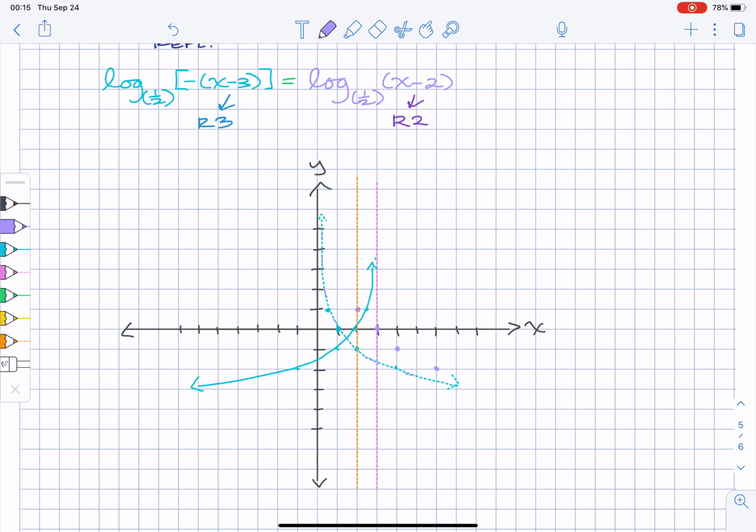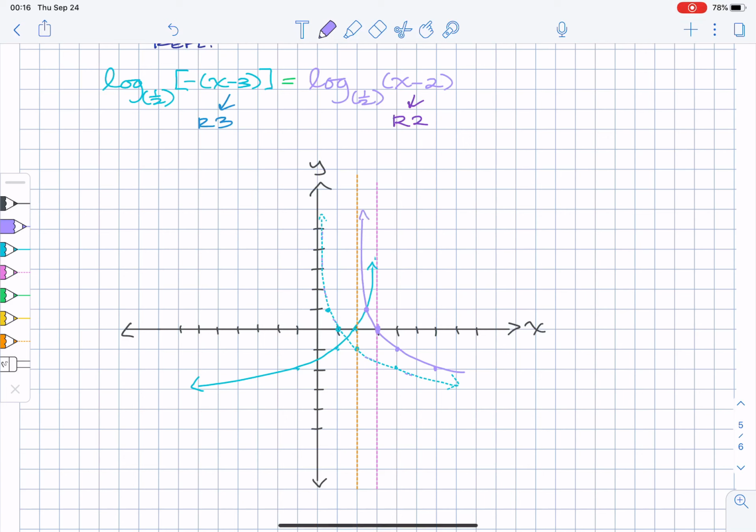Did I mess up on those? Yes, I did. Hold on. Counting, not my strong suit. Let's see. 1, 2, it should be here. 1, 2 should be here. Now I can do my vertical asymptote 2 to the right, and go ahead and draw my graph. Finally. So it's going to look something like this.